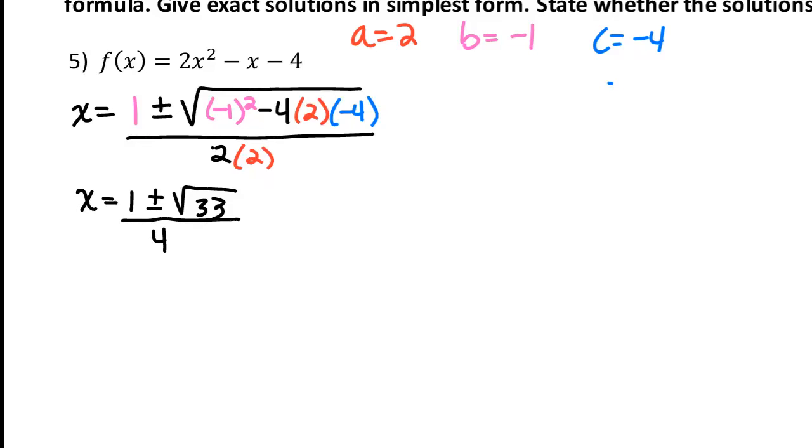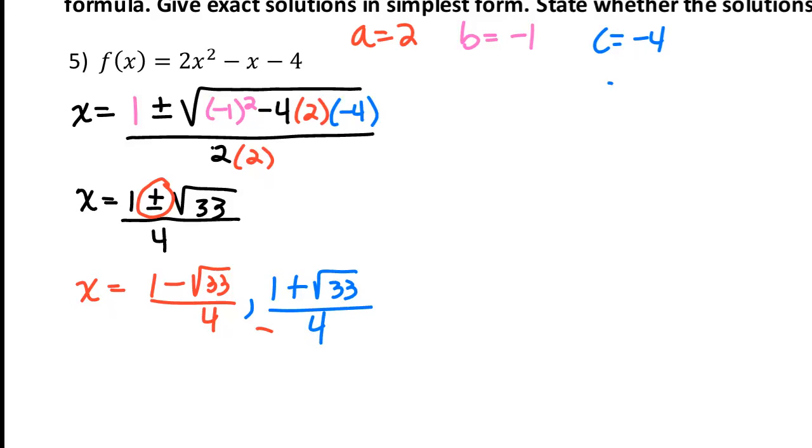And then remember to split that into one positive and one negative. I normally do the negative first just because it's going to be like the smaller value. So x is going to equal 1 minus the square root of 33 over 4. And then you need the other one, it's going to be 1 plus the square root of 33 over 4.